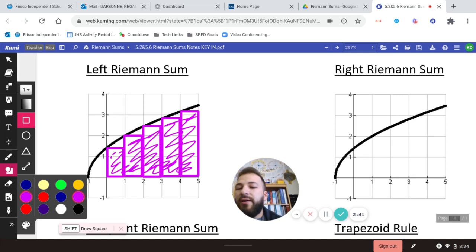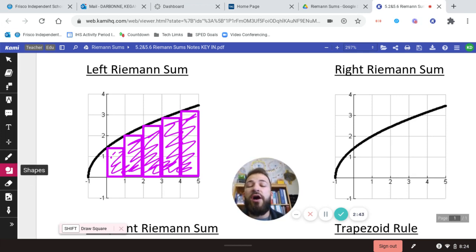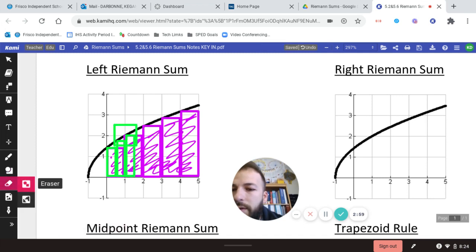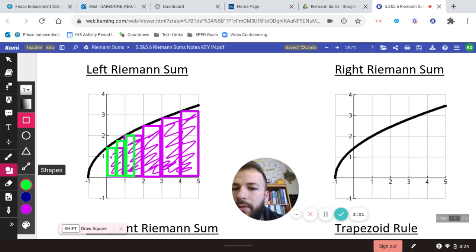Some other things we might talk about: all of my rectangles currently have a width of about one x value. Well, if I made them skinnier, so if I did a width of like 0.5, all of a sudden, I'm not having as big of gaps in between my rectangles.